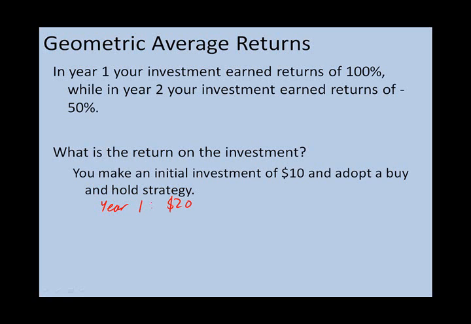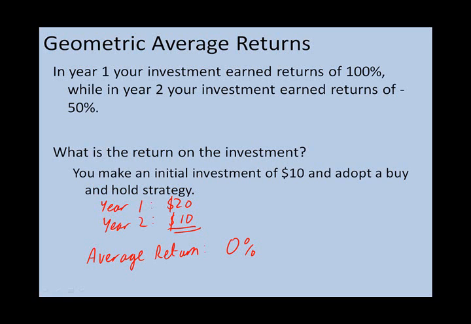But we're buying and holding, so we keep that $20 there in the investment. In year 2, we know the value of our investment falls by 50%. So a half of 20 puts us back down at $10 again. What is our average return? Well, we started with $10 and we finished with $10. So our return is 0%.